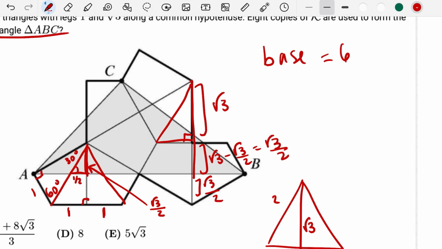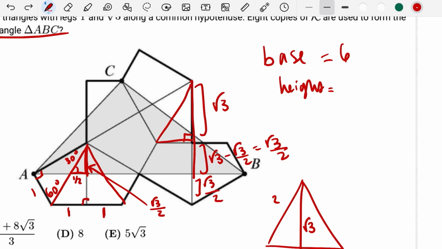And actually we could have just seen that before, because as we already said, this triangle here and this triangle here are similar, so of course the height of the smaller equilateral triangle would be half the height of the larger equilateral triangle. So we really didn't have to start with the smaller triangle if we didn't want to.